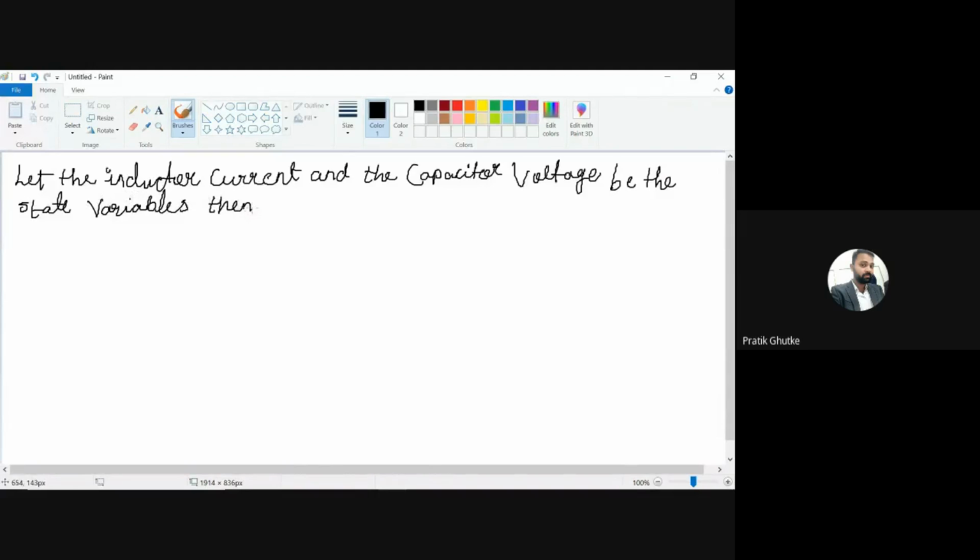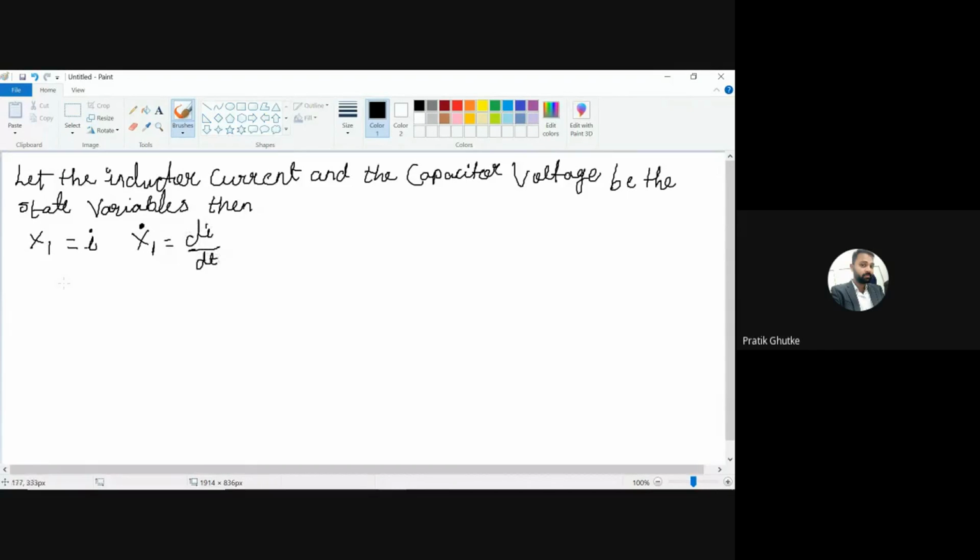Then here I am considering x1 equals to I, means your current. So what would be x1 dot? x1 dot means first derivative of x1, so derivative of current. So here I am writing x1 dot equals to di by dt. Have you understood?